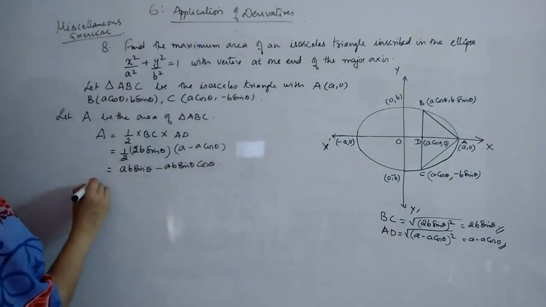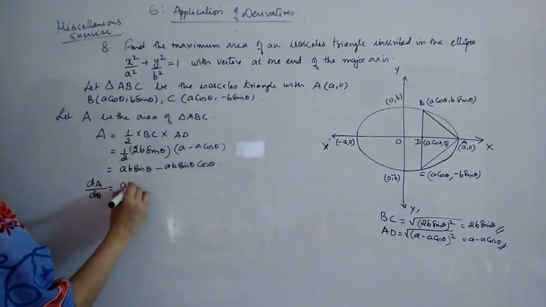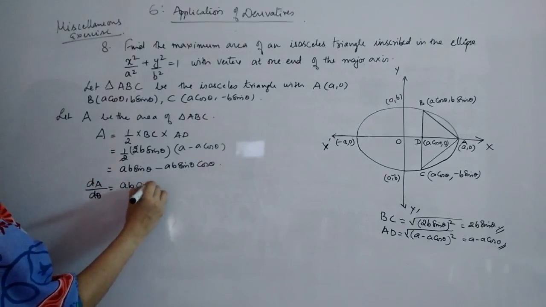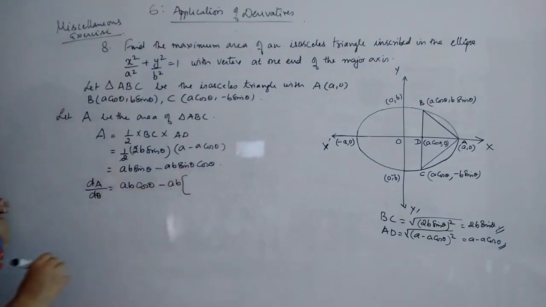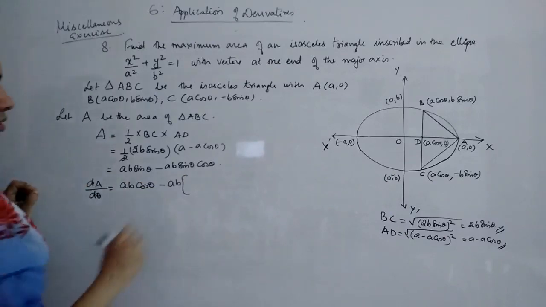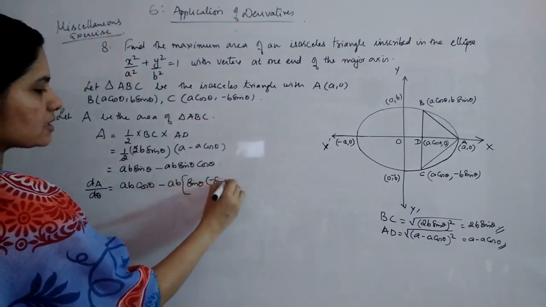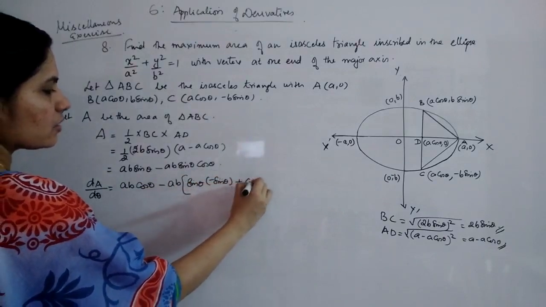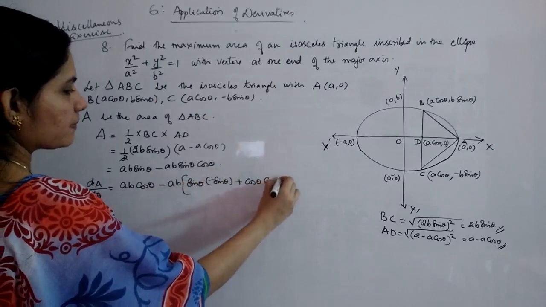Now I will differentiate A with respect to theta. ab is a constant, and the derivative of sin theta is cos theta, minus ab. Here you have two functions of theta, so you can use the product rule: sin theta into the derivative of cos theta, which is minus sin theta, plus cos theta into the derivative of sin theta, which is cos theta.